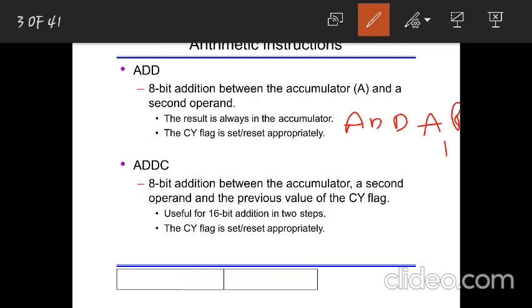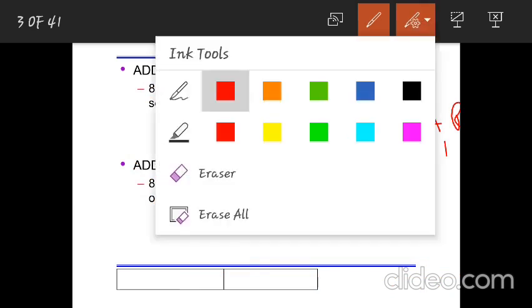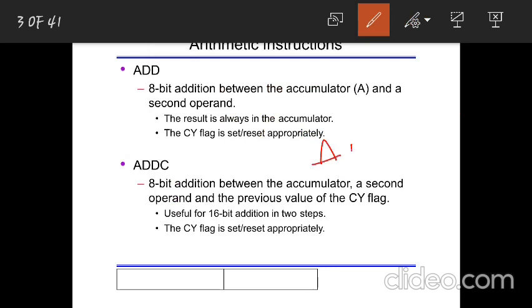Now in case instead of this, you take ADD A, and in A I took FE before, same thing, but instead of taking R1 I'll write immediate data here, 75H.